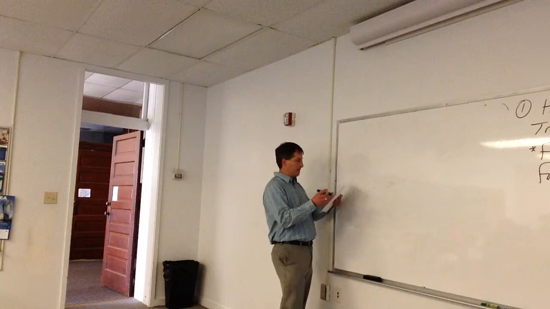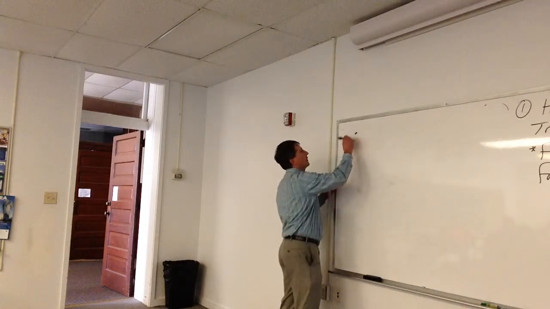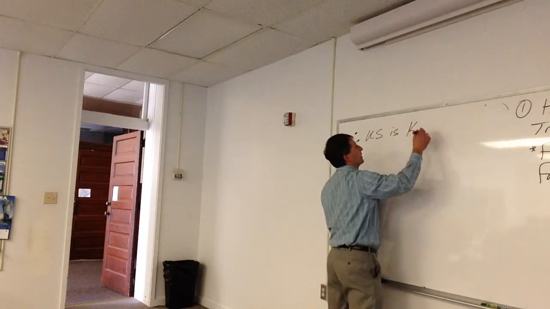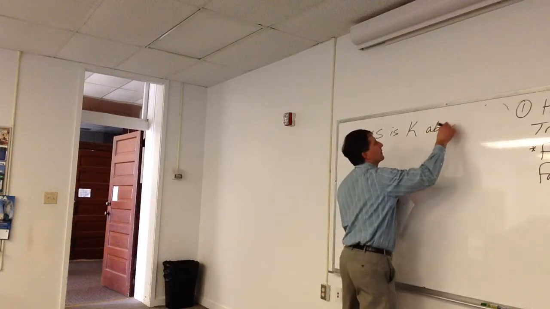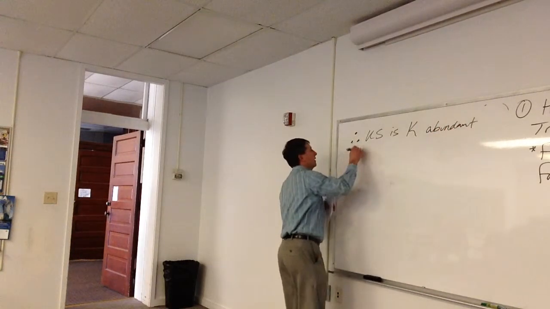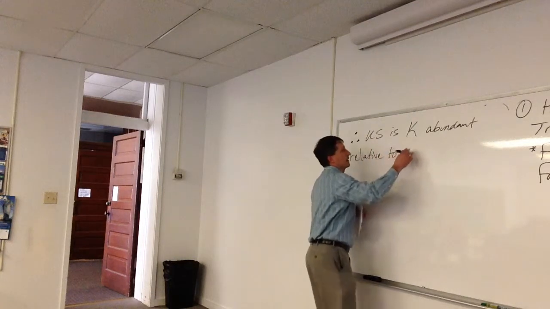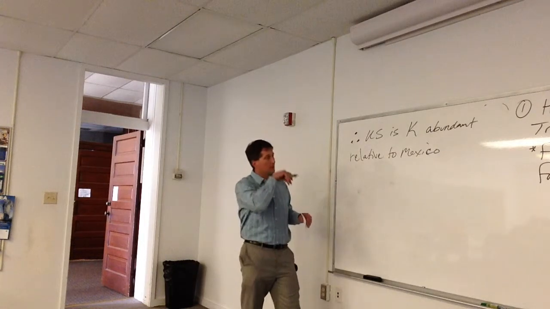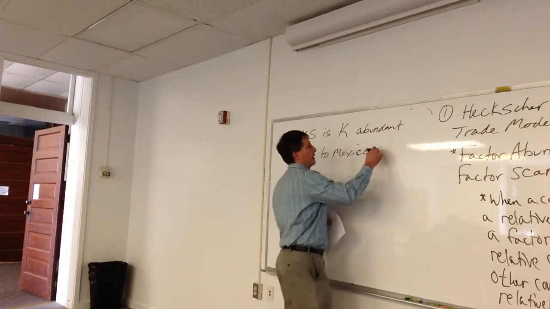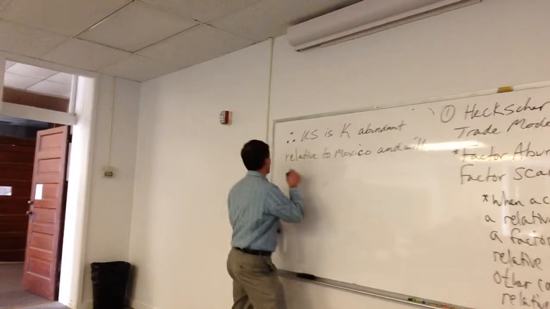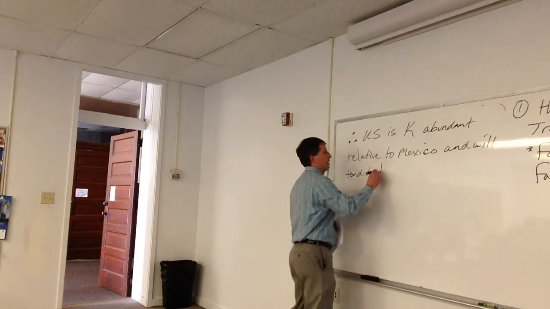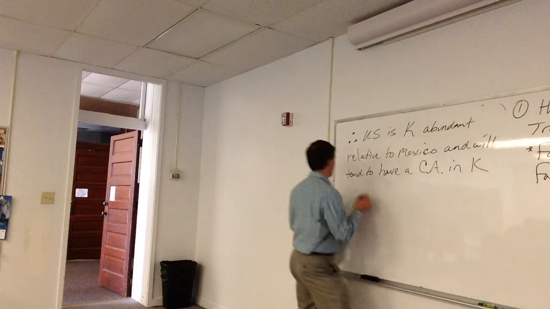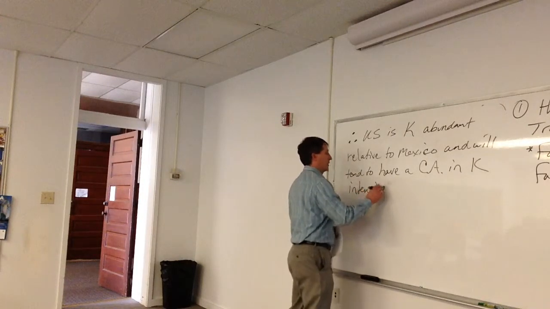Okay, so therefore the U.S. is capital abundant relative to Mexico, and will tend to have a comparative advantage in capital intensive goods.